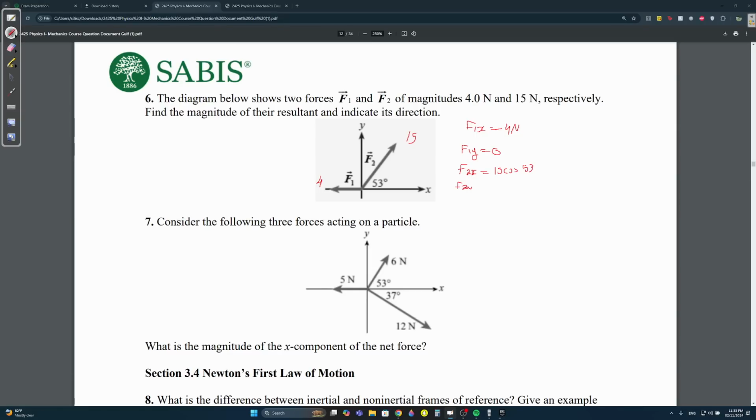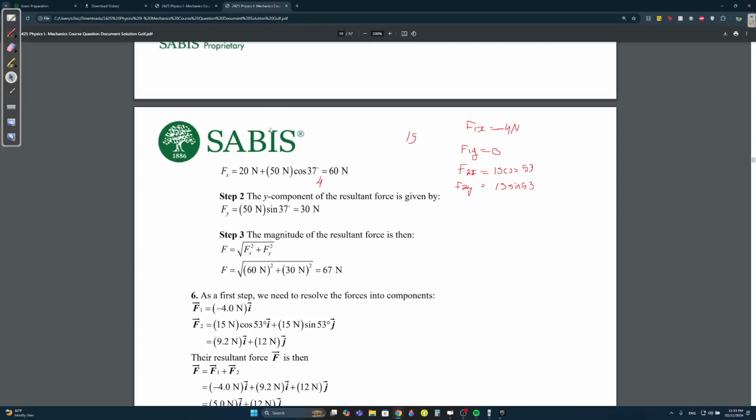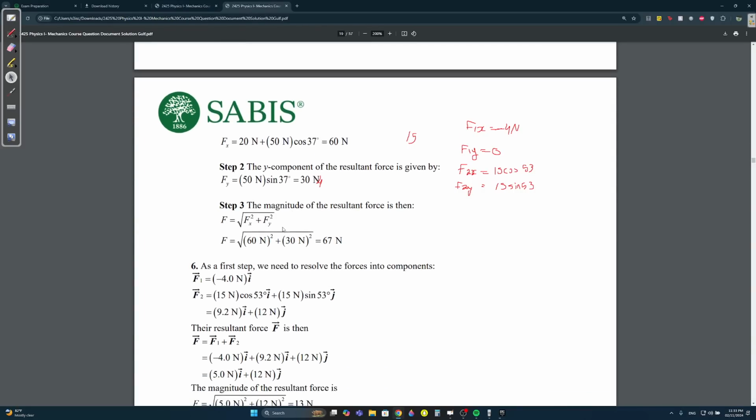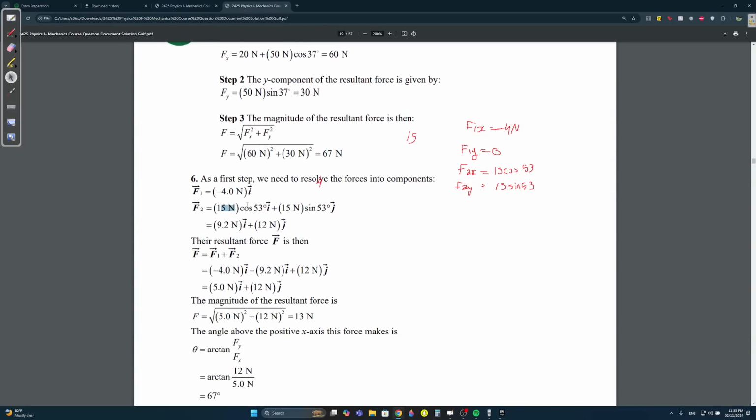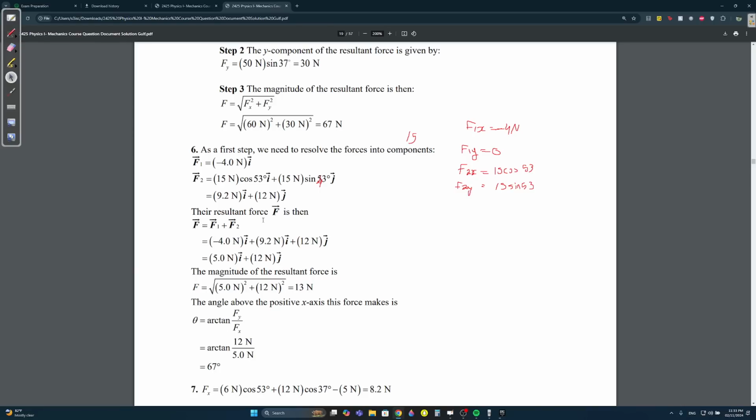And for the y component I just do 15 sine 53. And then F1x plus F2x is negative. And then F1y plus F2y, and the radical of Fx squared plus Fy squared. Okay, 15 cosine 53, 15 sine 53. Okay, blah blah blah.